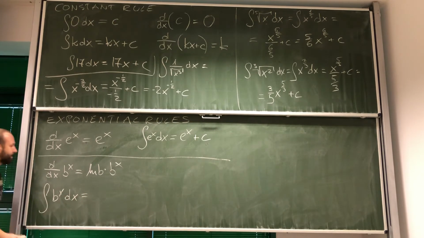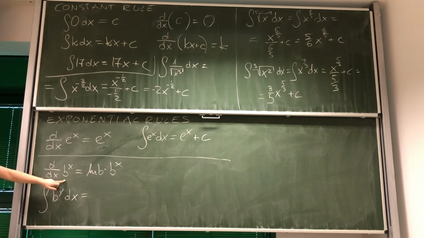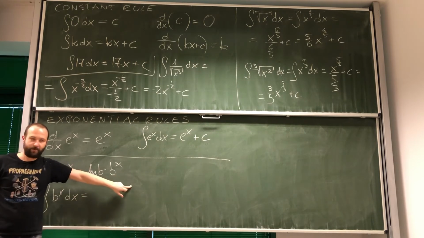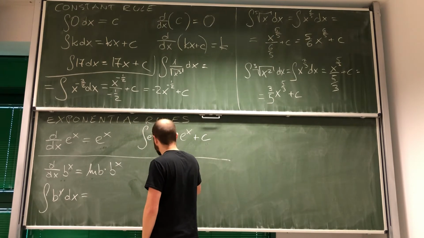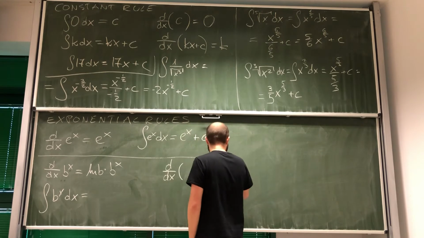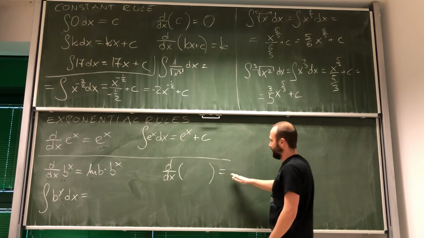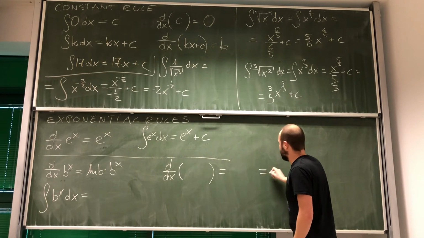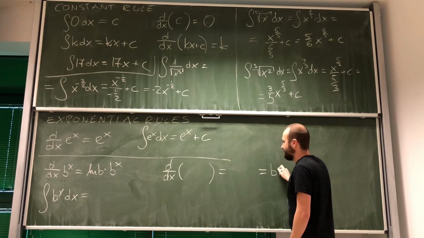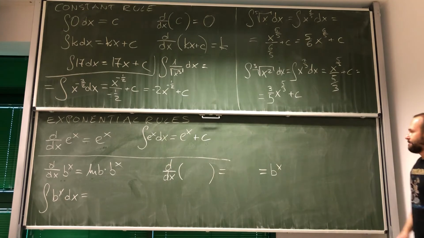Okay, because let's think about it. If derivative of b to the power of x is ln b times b to the power of x, then what would I need to have over here to get in total, let's do it like this, b to the power of x.